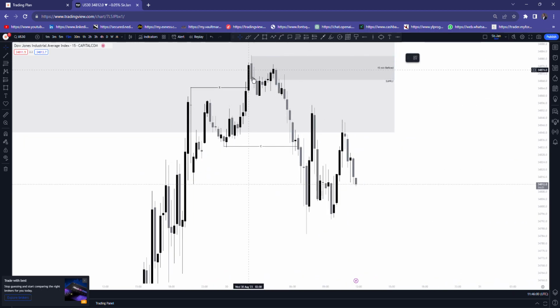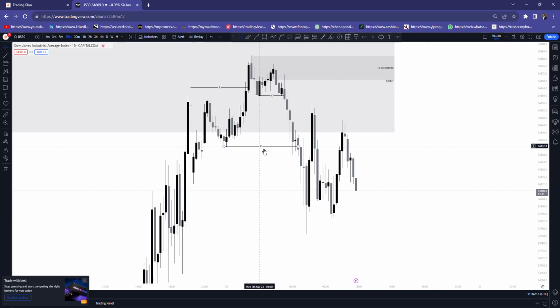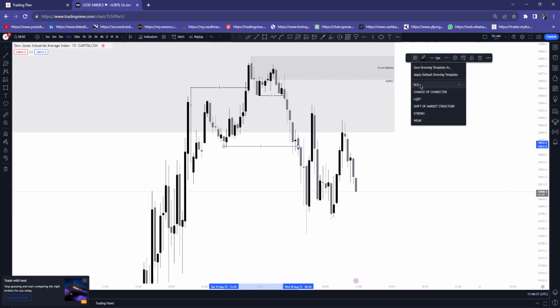Break of structure, push to the upside. The real change of character was made here. This is where we actually saw a real change of character. If we go on 1 minute, then we'll realize that this is the real change of character. Let's just say there's a break of structure here.